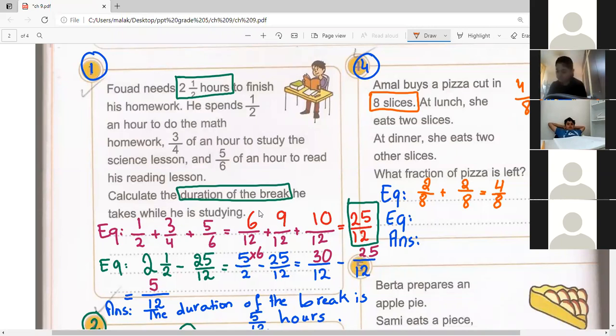She ate 4, so I will remove 4 pieces from the pizza. So what shall I do? How many pieces are left?